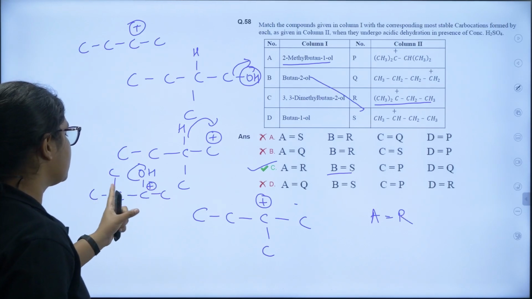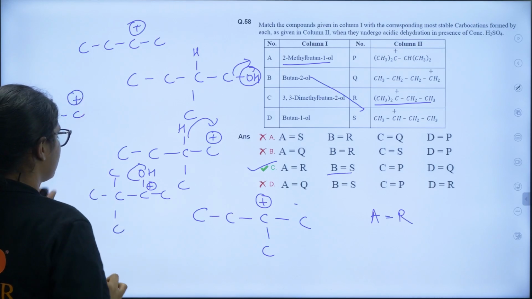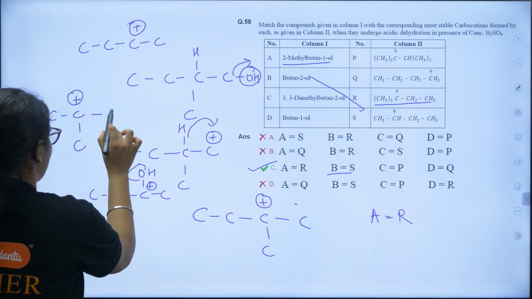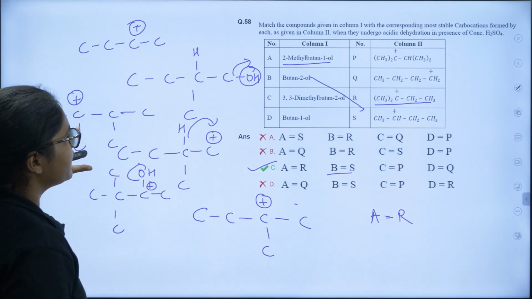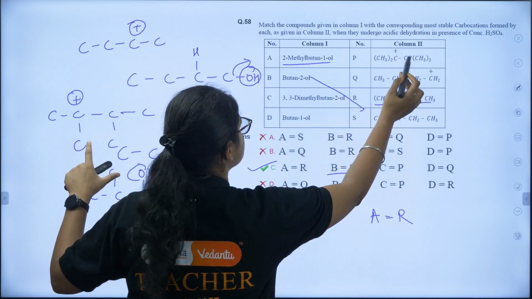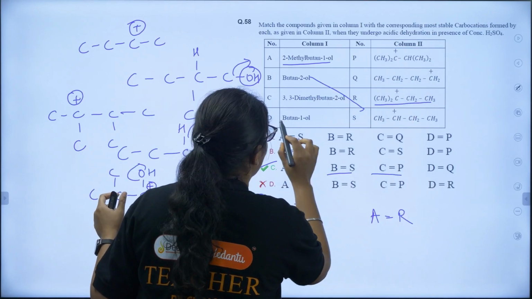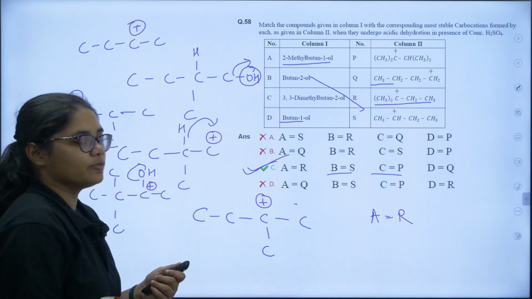Then what we can get is a methyl shift. So I'll get like this. We'll have a carbocation here, and then this one is a shift here, and then this one, right? So this one what we will get, I think, CH3 whole 2 and then C, this one. So C will be your P and D will be your Q, the primary one. So correct answer for this question will be option number C.